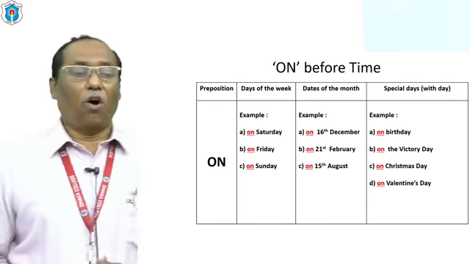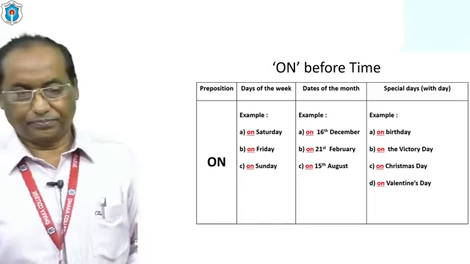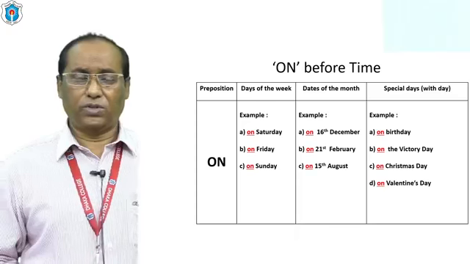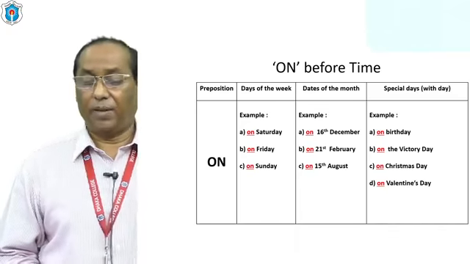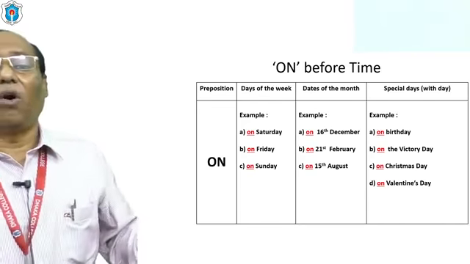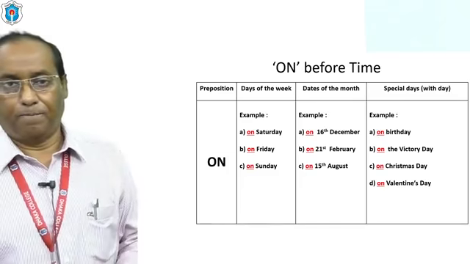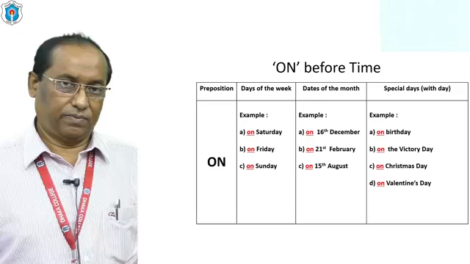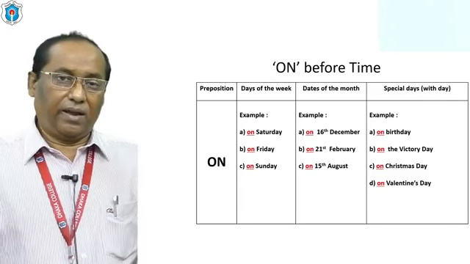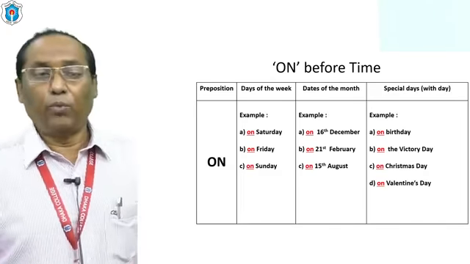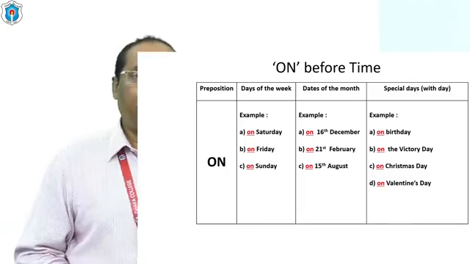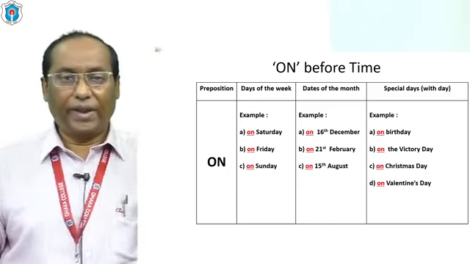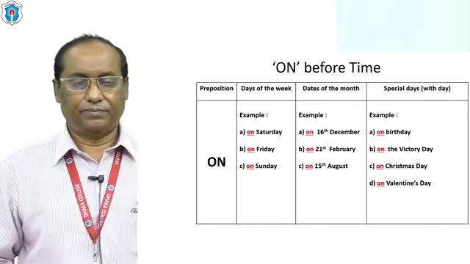That is on before time. On is another most important preposition used before time. Now, on is used to indicate the name of the days of the week, for example, on Saturday, on Sunday, on Wednesday, in this way.